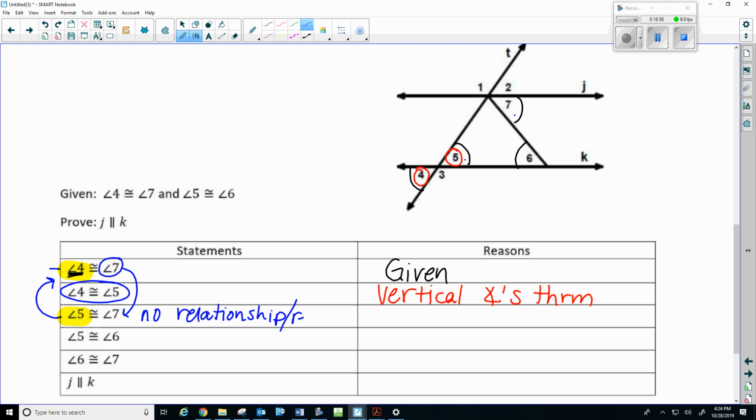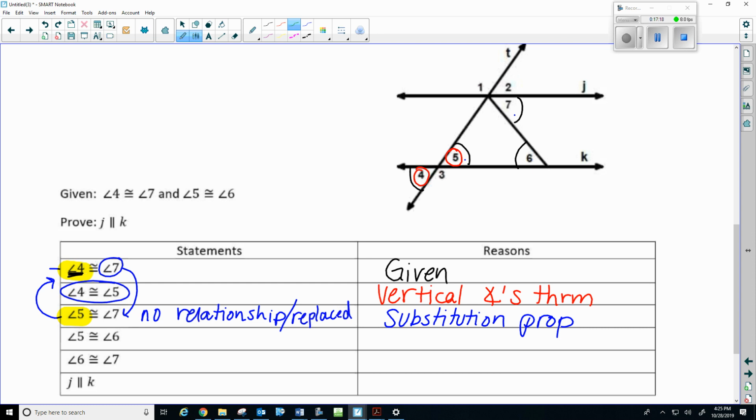So since we have replaced, we have the substitution property. Notice that angle 7 is still there, but now we have replaced angle 4 with angle 5 because we know they are congruent as well.